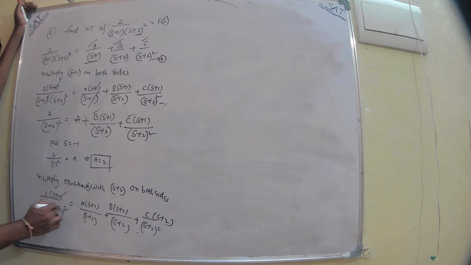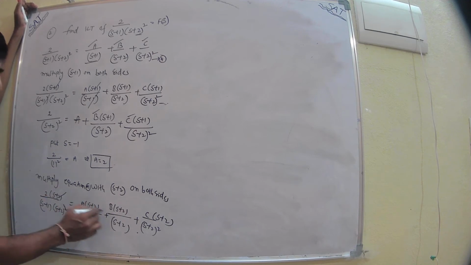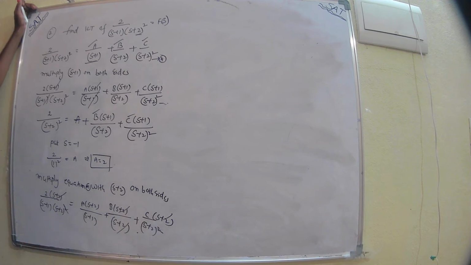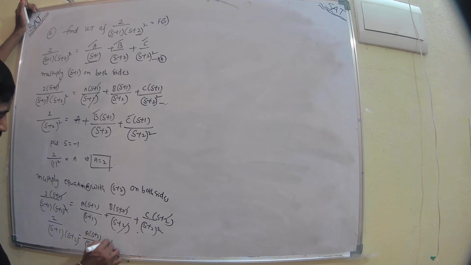So one (s plus 2) gets cancelled. Therefore 2 by (s plus 1)(s plus 2) is equal to A into (s plus 2) by (s plus 1) plus B plus C by (s plus 2).